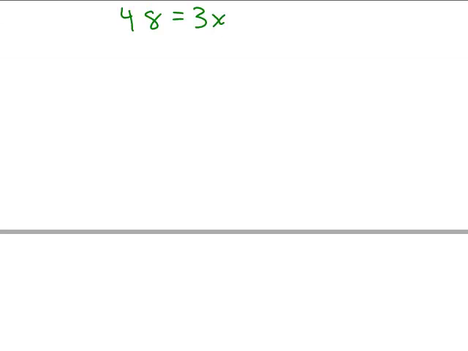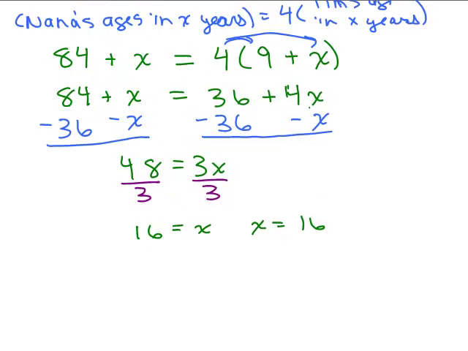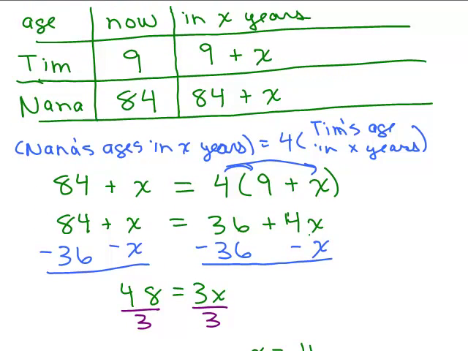So all we have to do is, whoops, that always happens to me, divide both sides by 3. So I'm going to get x is 16. Or you could write x equals 16. Okay, now we have to remember what x stood for. So let's go back up. In how many years?